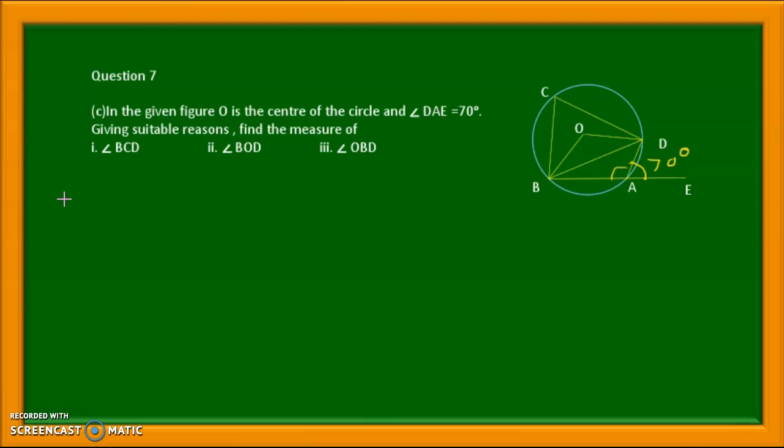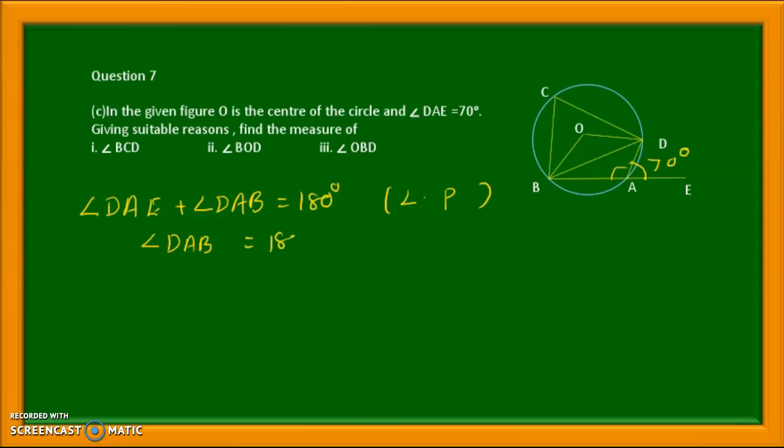Angle DAE plus angle DAB equal to 180 because they are a linear pair. So we can write angle DAB equal to 180 minus 70, equal to 110 degrees. So this angle is 110 degrees.